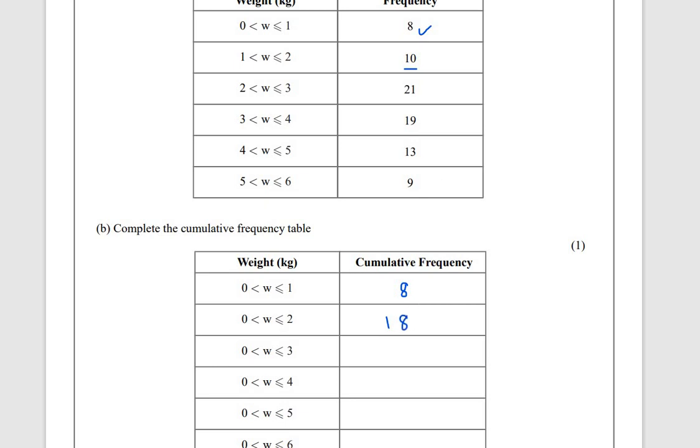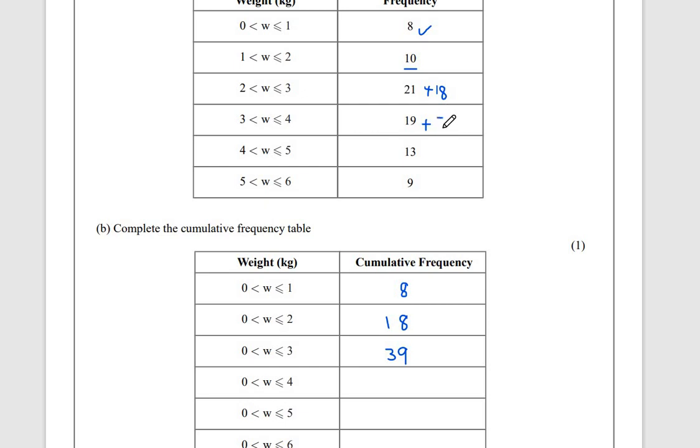And then the next one is going to be 18 plus 21. So you keep on adding the previous sum to the next frequency. And that is 39.